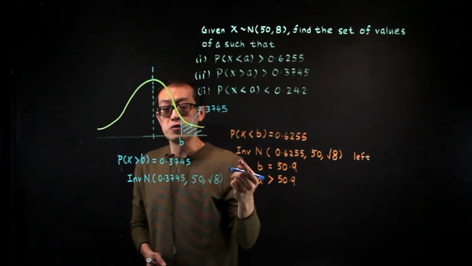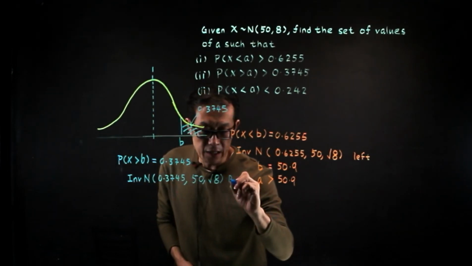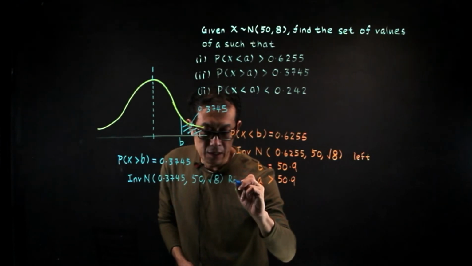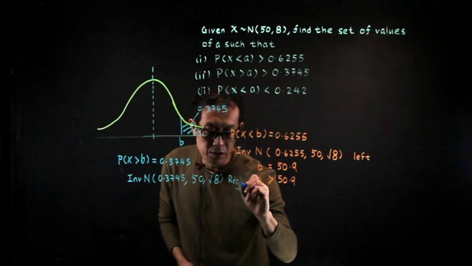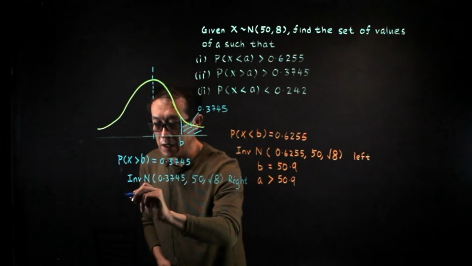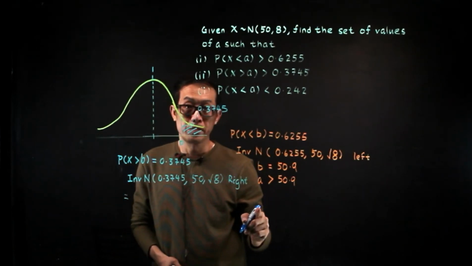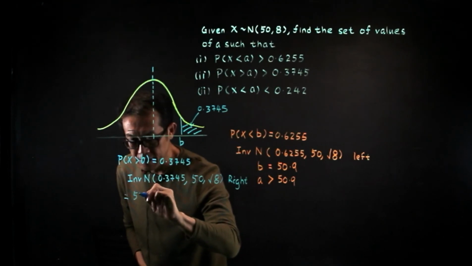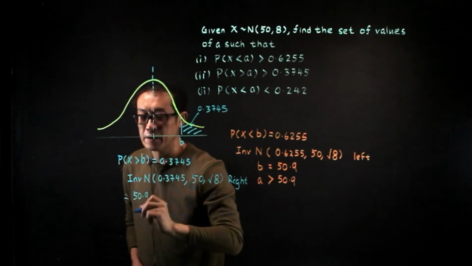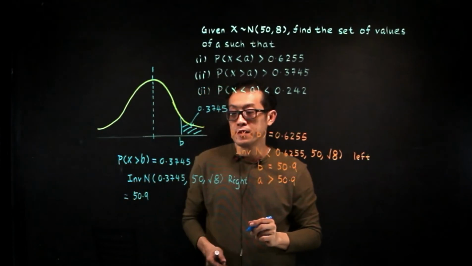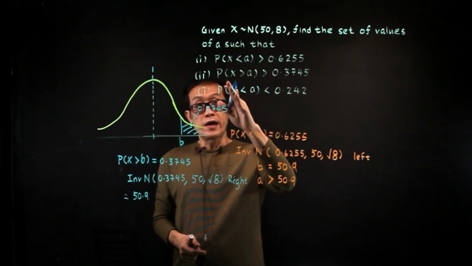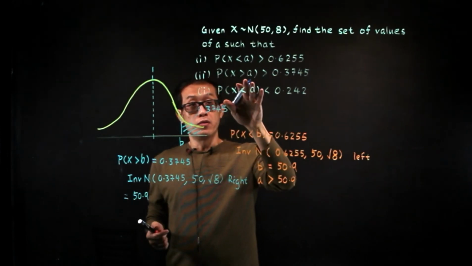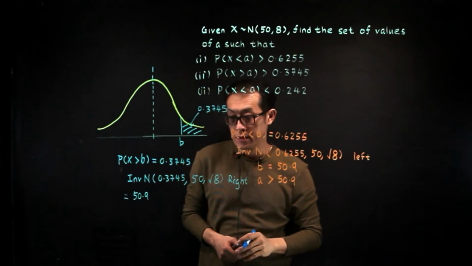And this time you put right, R. Okay, and then what is your value? You will find that your value is 50.9. Same. Now let's find the range of values of A.